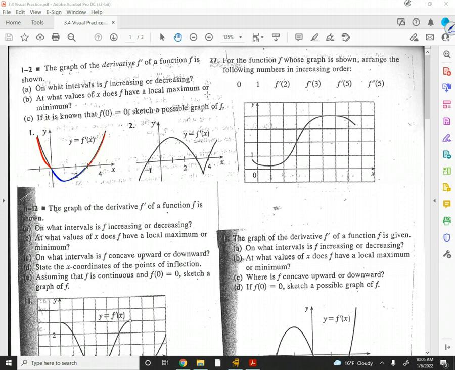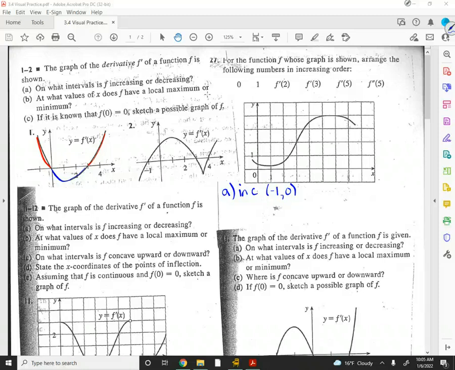So how they ask the question is they want to know what intervals this occurs on. So I'm going to put increasing first, and that's wherever the derivative was positive. And I'm going to go from -1 to 0 is one of those intervals. The derivative is positive, so that means the original is increasing.